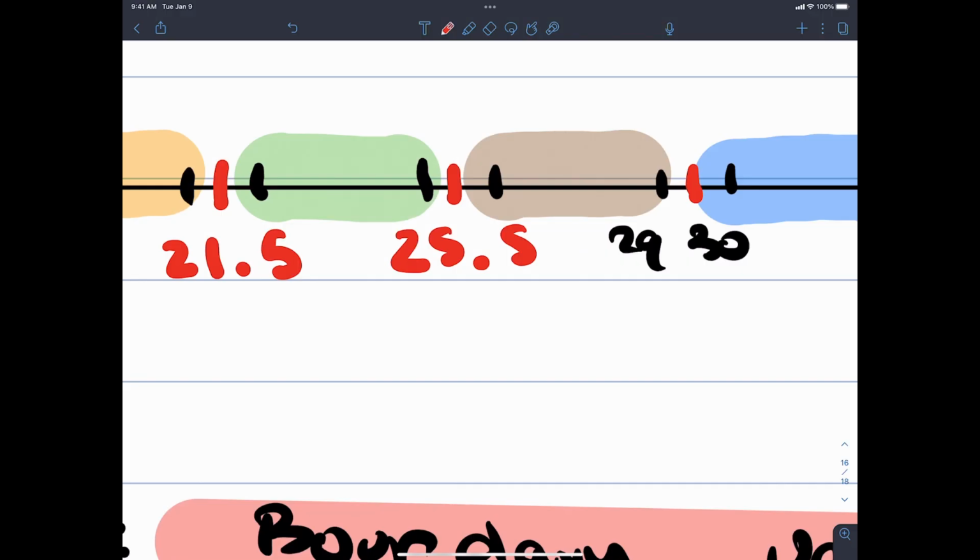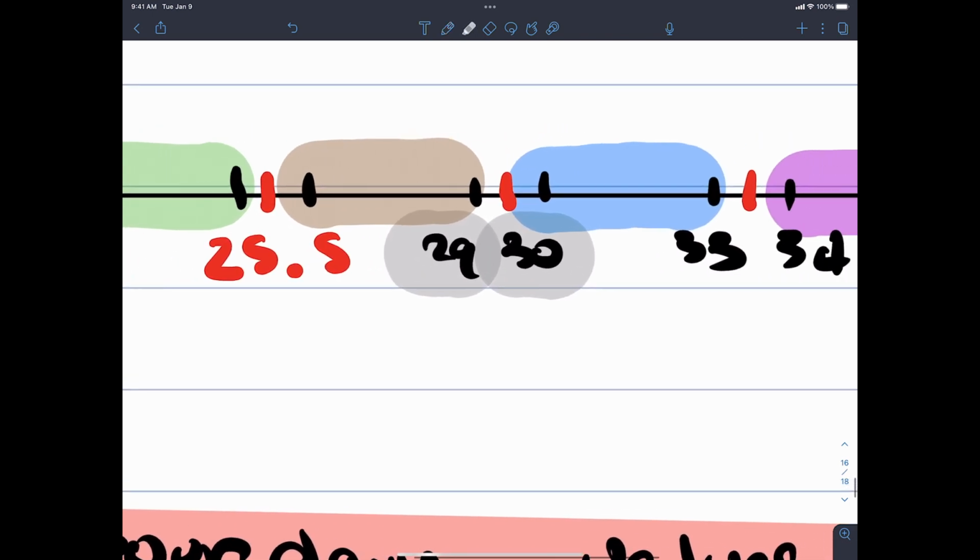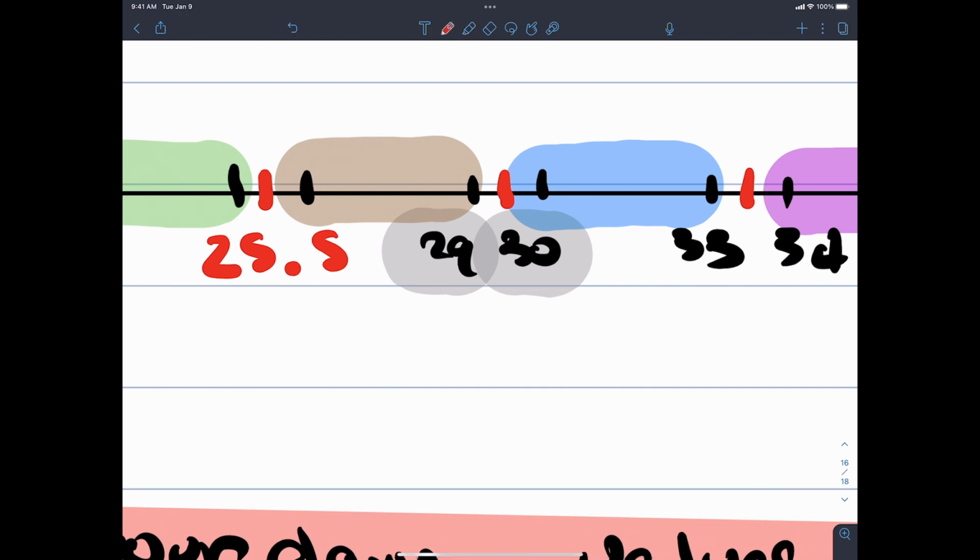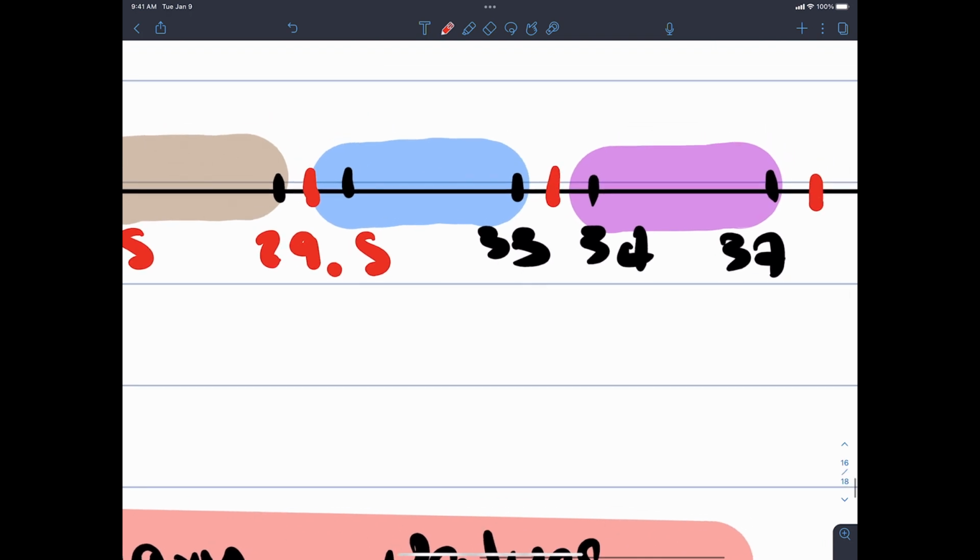And there you go. 29 and 30. Can you guys find what's midway between 29 and 30? 29.5? Do you have to use your calculator for that? Okay, good. What's midway between 33 and 34?